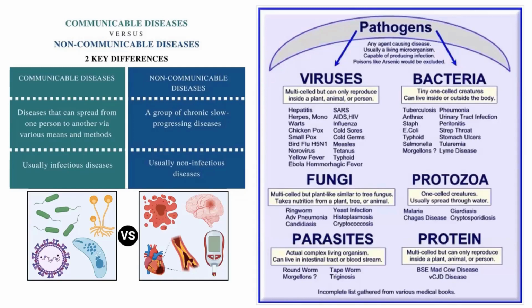It is basically a living organism generally. So communicable diseases are caused by living organisms only, and these are some of the categories of living pathogens that are involved in creating different kinds of communicable, or you can say infectious diseases.